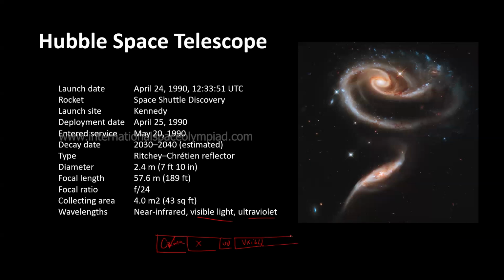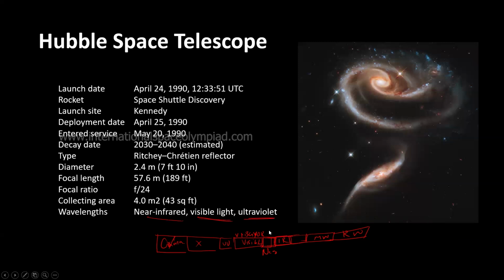And here come infrared, then microwave and radio waves. Now this is our visible light: violet, indigo, blue, green, yellow, orange, red. Infrared that is near to visible, this part, is called near infrared. Infrared that is far away is called far infrared, and mid IR is in between. So it can only observe near infrared, visible light and ultraviolet.